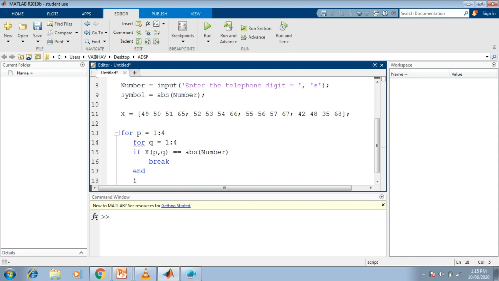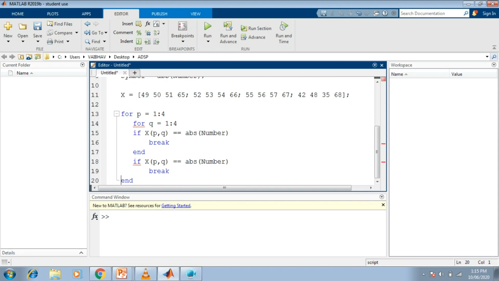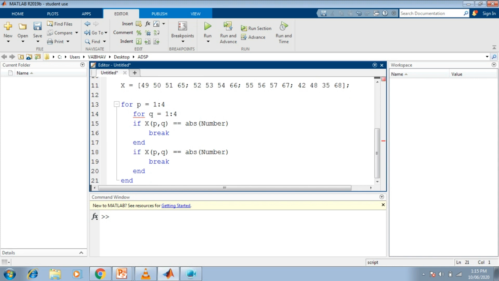For the outside for loop, again we have a similar condition: if x within the parentheses p comma q is equal to the absolute of the variable number here, at that time also we ask this looping to break here. So the if statement is to be ended here, and the for loop is also ended here.